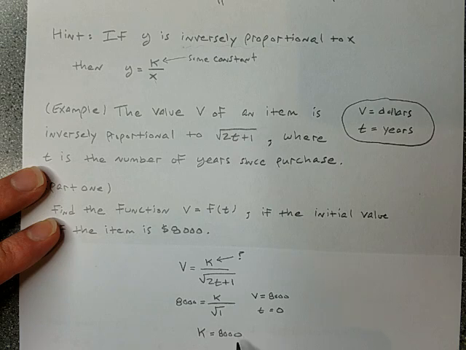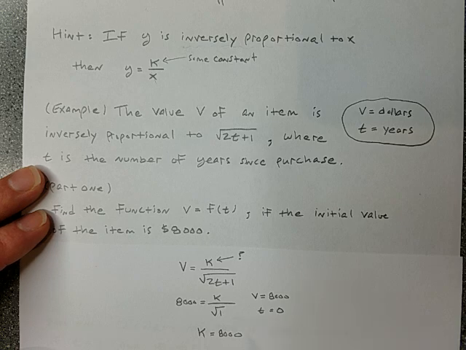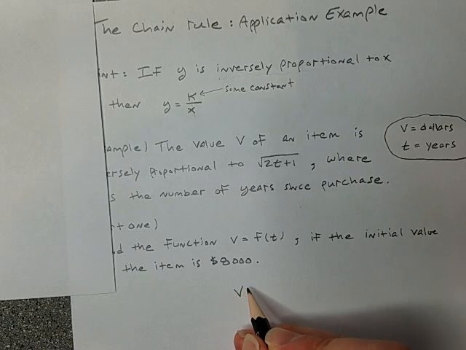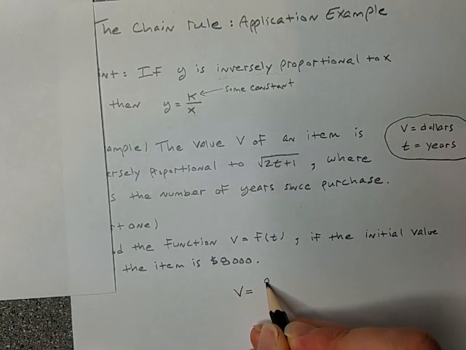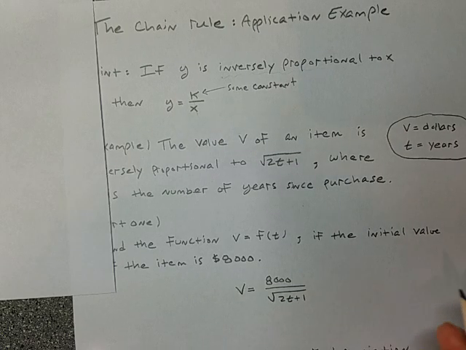All right, k is 8,000. So now I have my equation that gives the value as a function of time. Okay, it's going to be 8,000 divided by root 2t plus 1. So we've got that. V is equal to 8,000 over root 2t plus 1.